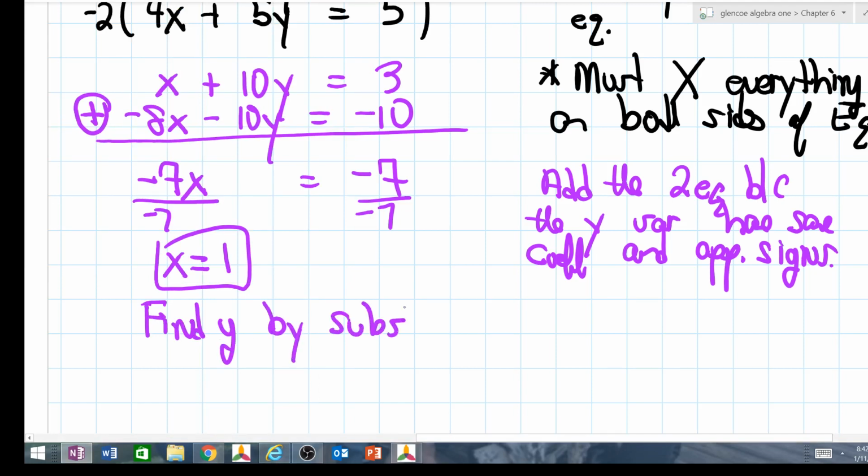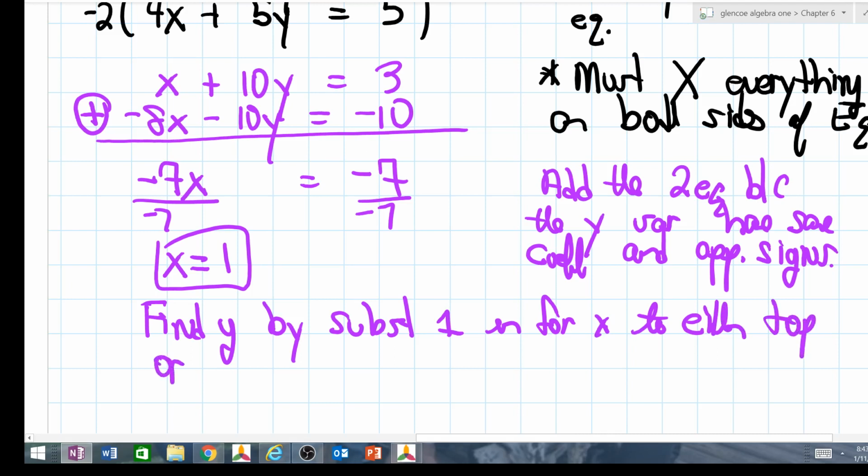Okay, so now we're ready to find y. And we find y by substituting 1 in for x into either the top or bottom original equations. Which one do you want, top or bottom, guys?